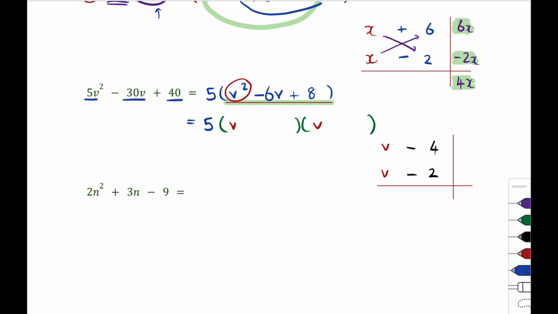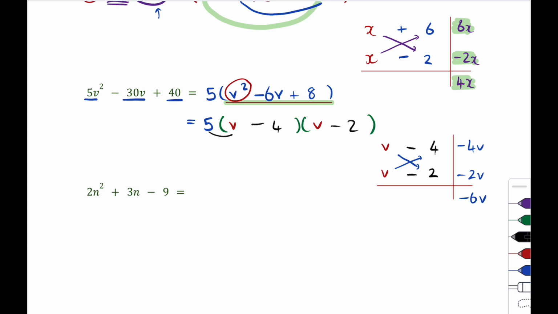Let's see if that works out. I would get negative 4v, I'd get negative 2v, and together I get negative 6v. So my bracket is v minus 4, v minus 2, and I have factored. I could always expand this out, and remember, expanding for multiplication can happen in any order.